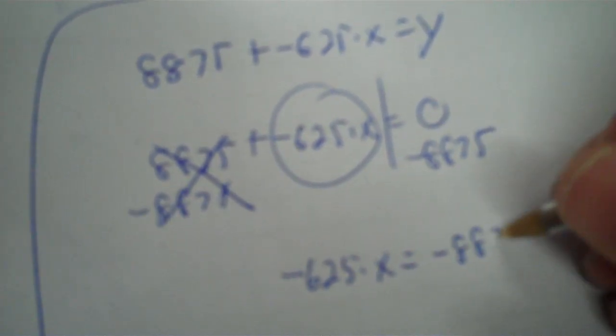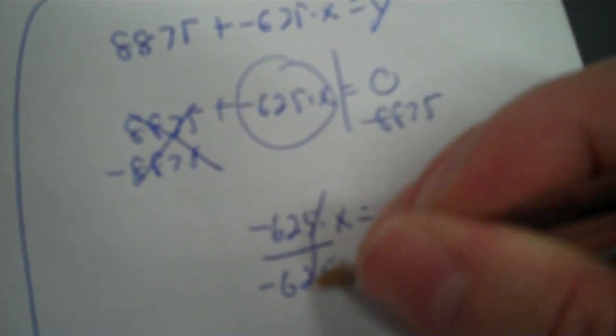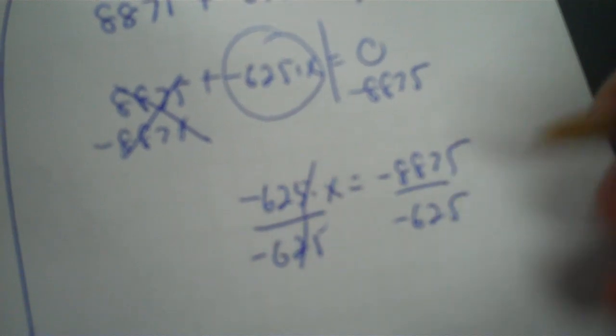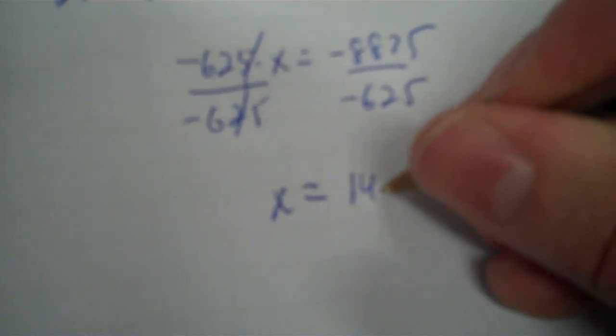That's negative 8875. Then you divide each side by negative 625. And you have a negative divided by a negative. We're going to get kind of a weird answer. That's okay. Negative 8875 divided by negative 625, 14.2. Hey, this is years, okay? So I'm fine with that as a decimal. Years are continuous.